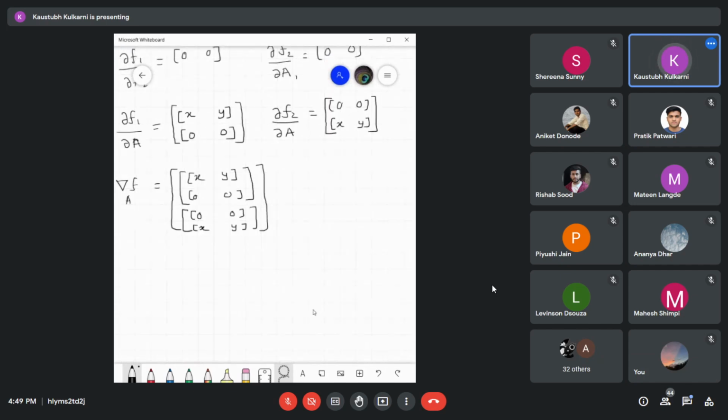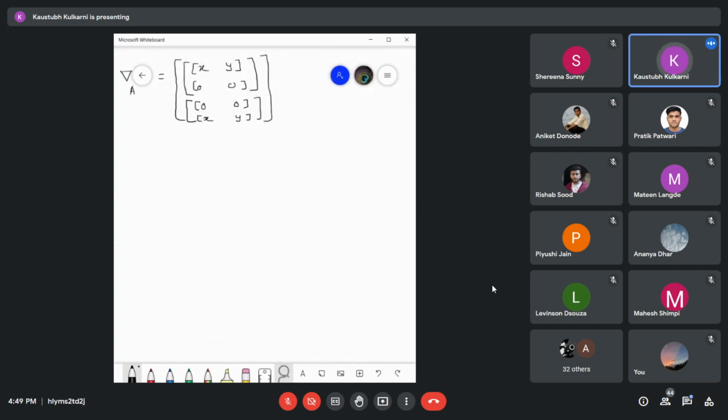Okay, so let's see the concepts of scalars, vectors, and tensors. What do you mean by a scalar? A scalar is any number, let's say 1. A vector mathematically looks like this. A matrix looks like this.